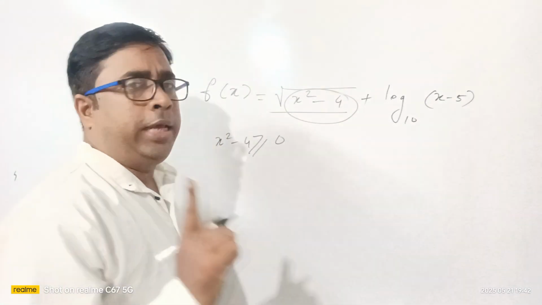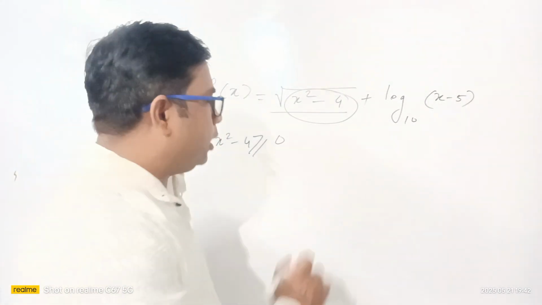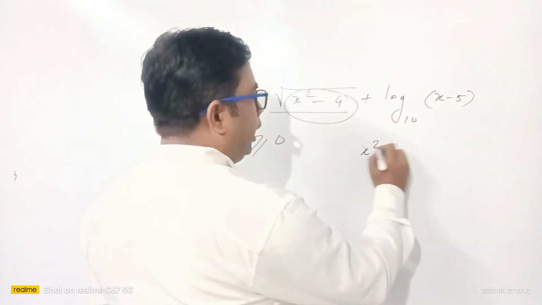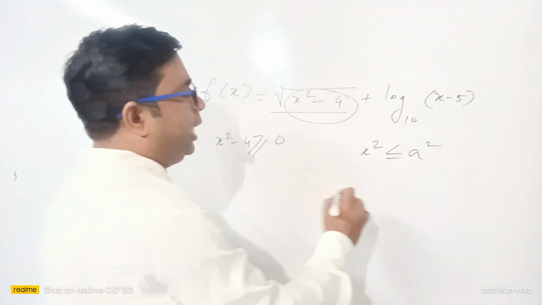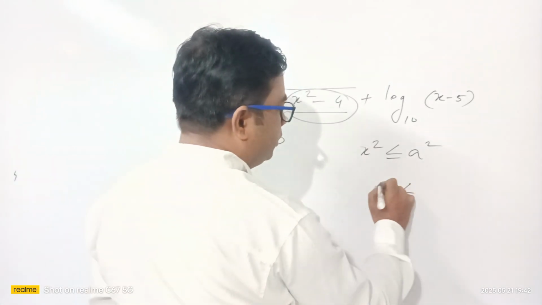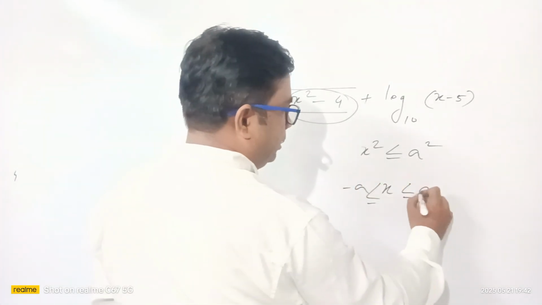For inequality I am giving you two formulas. For example, if x square is less than or equal to a square, in that case this x always lies from minus a to plus a.